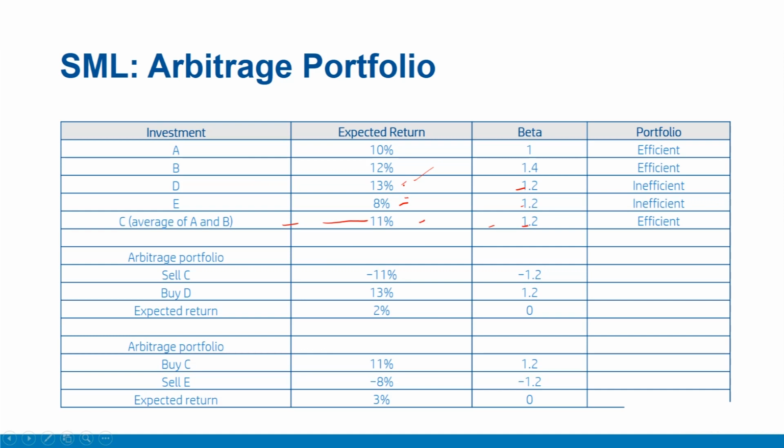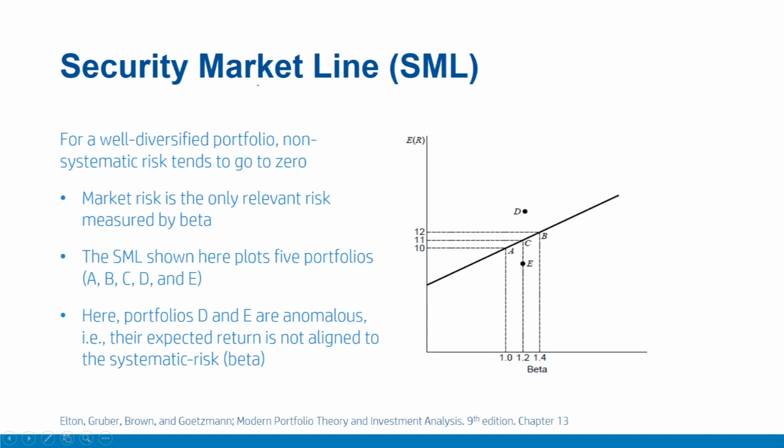Let us visualize this. Here, for a well-diversified portfolio, non-systematic risk tends to zero, and market risk is the only relevant risk, which is measured by beta. So we plot all the securities in expected return and beta space. Securities A, B, C, D, E are plotted. As we discussed earlier, D and E are anomalous.